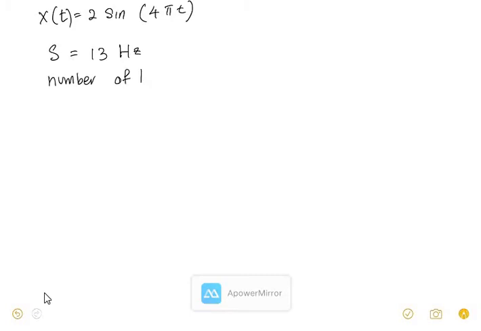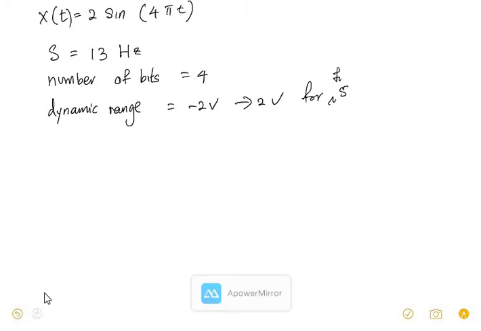Now let's extract the information from the question. x(t) equals 2 sin(4 pi t), and the sampling rate fs equals 13 Hertz. The number of bits equals 4. The dynamic range is from negative 2 volt to 2 volt, and we need the first 5 samples only.